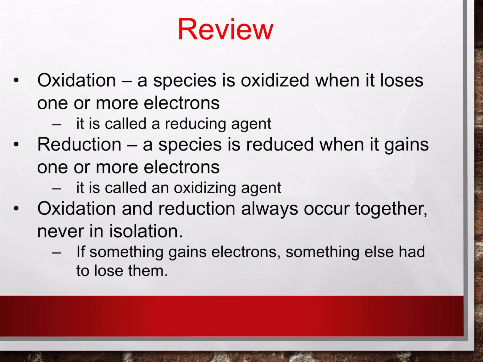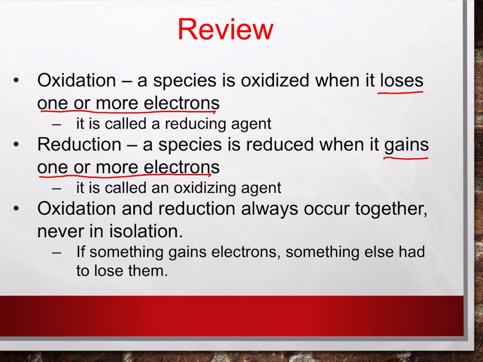So we have something that's being oxidized, and when something is being oxidized, it loses electrons. This is called the reducing agent because it's causing something else to be reduced. And then we also have something that's being reduced, and the thing that's being reduced is gaining electrons, and we call this the oxidizing agent because it's causing something else to be oxidized.